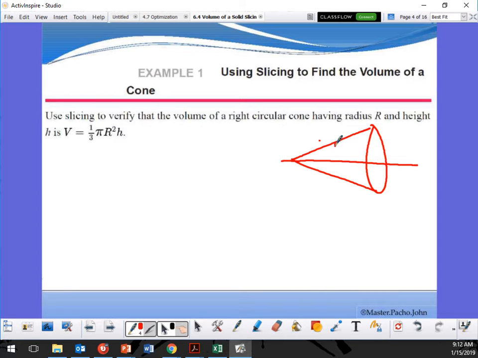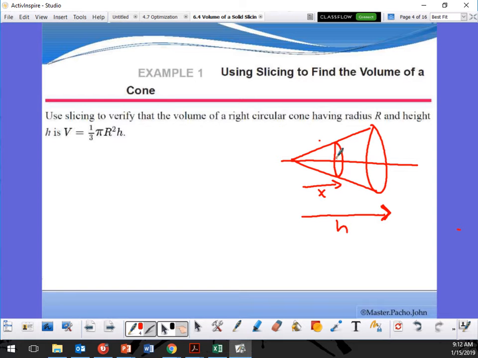And a slice of this right here would be what? There's my circle, right? A slice is going to be the circle. So in this case, since we don't know the function of it, I know that from here to here is going to be x, right? And for the whole thing, that's my h, right? Because I'm verifying this formula over here.